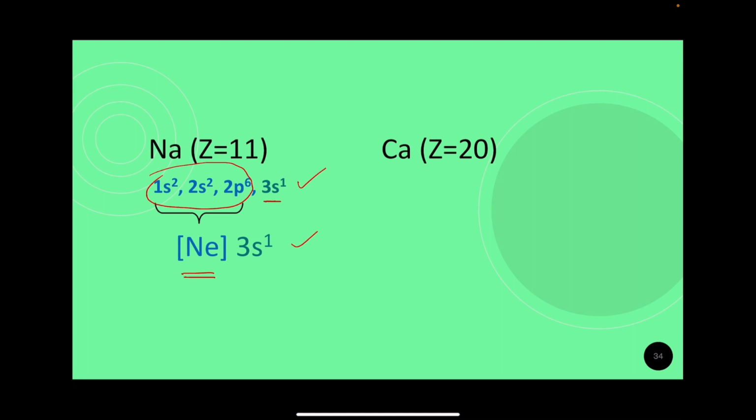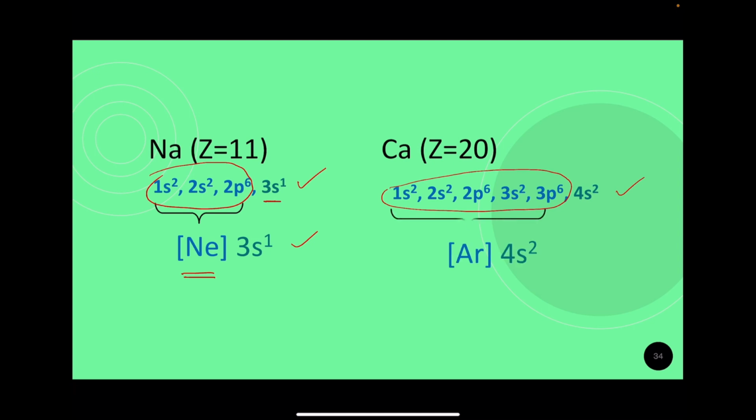Another example is calcium. This is the normal electron configuration using SPDF notation. If you can see the blue part, it indicates the argon electron configuration, with 18 electrons.